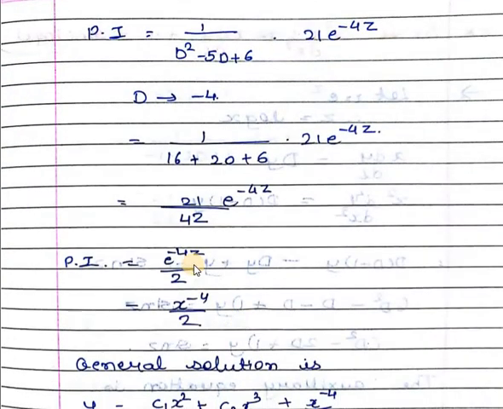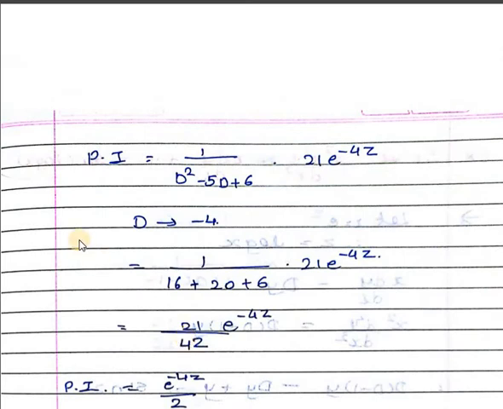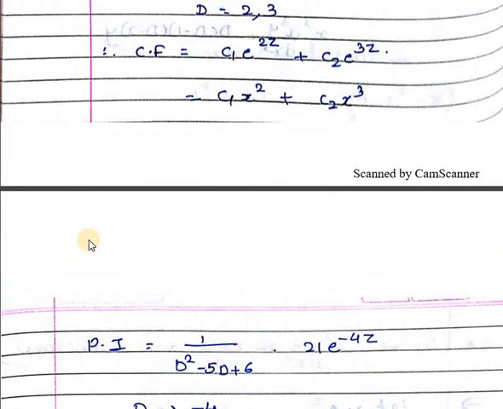So Pi will be e raised to minus 4z divided by 2, because 21 divided by 42 will be 1 divided by 2. So Pi is equal to e raised to minus 4z divided by 2. But here our final answer should be in the form of x.